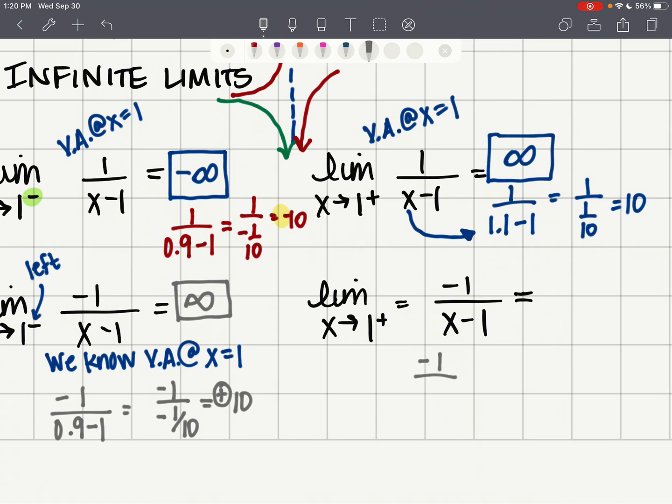Well, the right-hand side, I would put a 1.1 in. So that would give me negative 1 divided by positive 1/10, which is negative 10. This would be negative infinity. So I've shown you two ways to do this. One using a graph and knowing your parent functions, and the other using numerical values from the left-hand side and from the right-hand side.